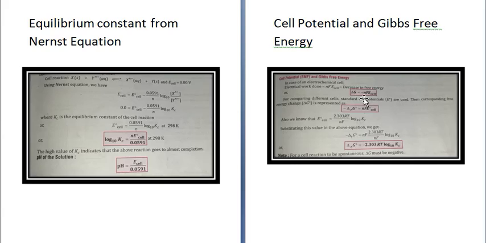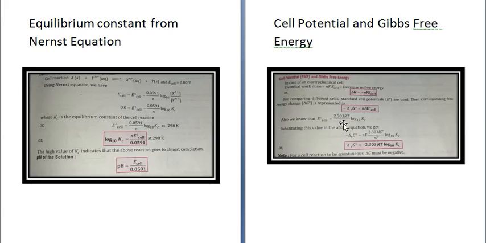Now for comparing different cells, standard cell potentials or E0 are used. Then the corresponding free energy change is represented as delta G0, so delta G0 is given by minus nF E0 of cell. Also we know that E0 of cell is equal to 2.303 RT upon nF log10 Kc.